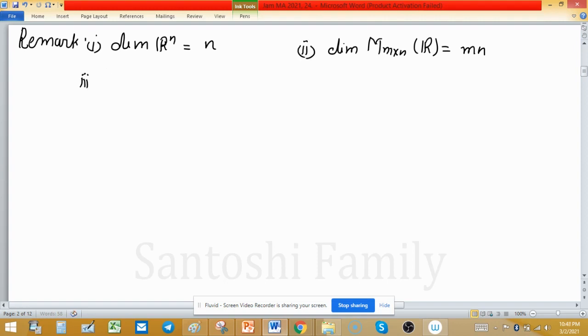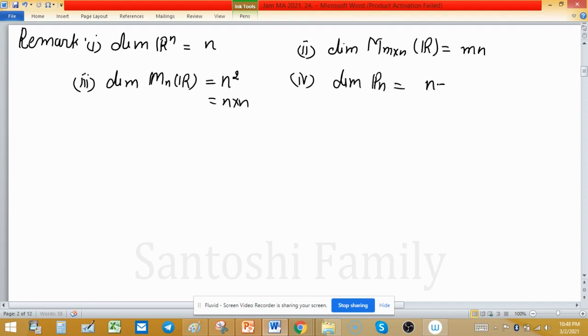You should also know that the dimension of Mn(R), when m and n are the same, is n square, or n by n. And the fourth point is that the dimension of polynomials of degree at most n in one variable is n plus 1, means 1 extra.